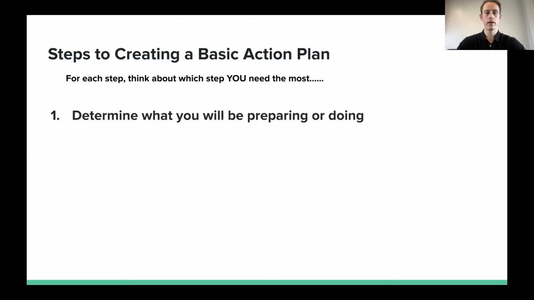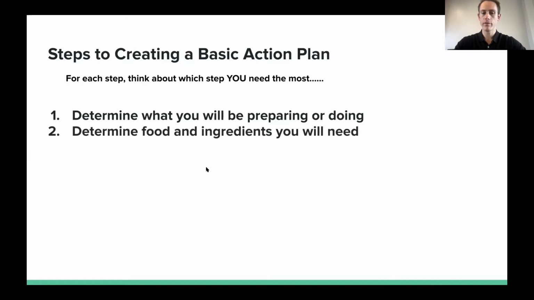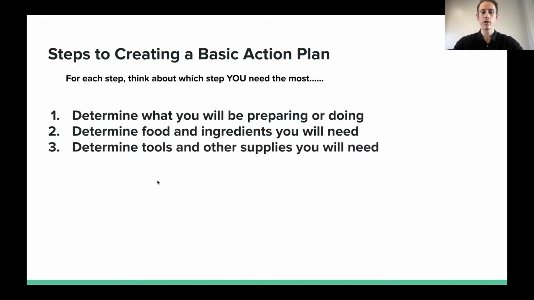So step one, determine what you'll be preparing or doing. Step two, determine food and ingredients you will need. Step three, determine tools and other supplies you'll need.